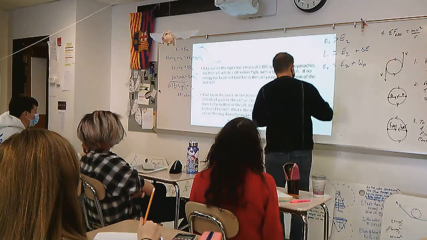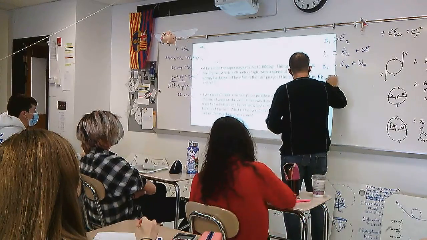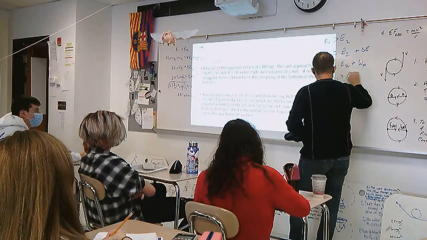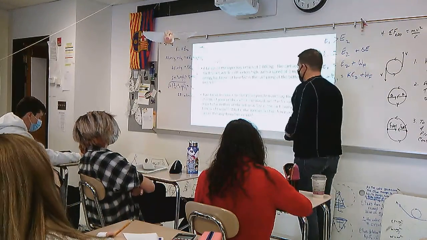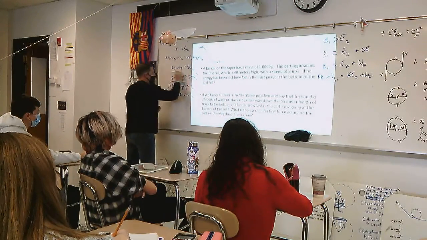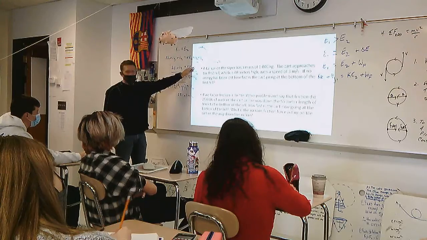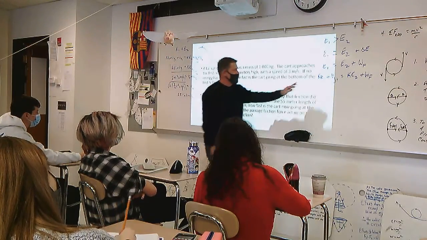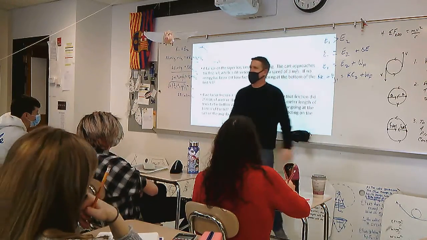So I got kinetic at 1 plus gravitational at 1 equals kinetic at 2 plus the work done by friction. Now look, that is the equivalent step to right here. Kinetic plus potential equals kinetic. Well, here it's kinetic plus potential equals kinetic plus the work done by friction.